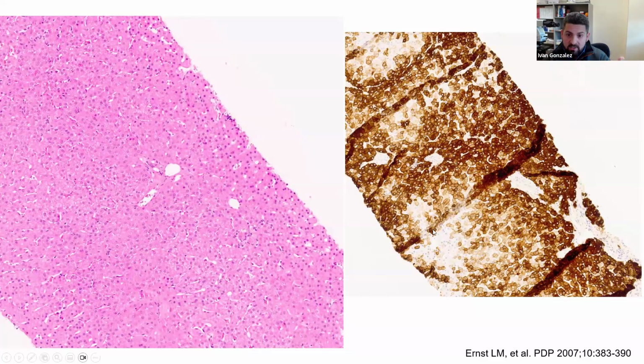And in a paper by Dr. Ernst, evaluating multiple causes of neonatal cholestasis, they found that only those associated with a bile duct paucity were showing this pattern of CK7. So if you're going to do a biliary marker and you decide between CK7 and CK19, my suggestion is to do a CK7. That's what I do. I don't do a CK19. The CK7 adds that information of biliary metaplasia, which is useful when I'm looking at these cases.